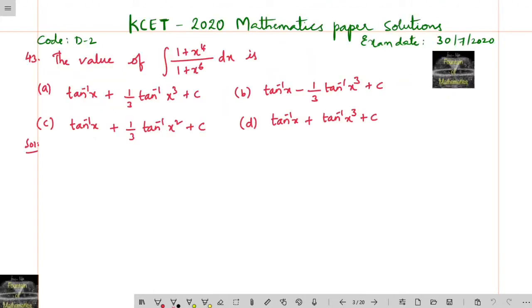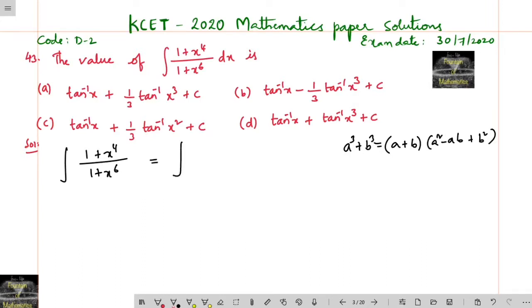Now 43rd question, the value of the integral of 1 plus x power 4 divided by 1 plus x power 6. So let me use the formula a cube plus b cube in the denominator. We have the formula a plus b into a square minus ab plus b square.